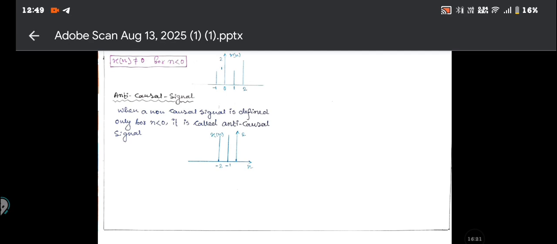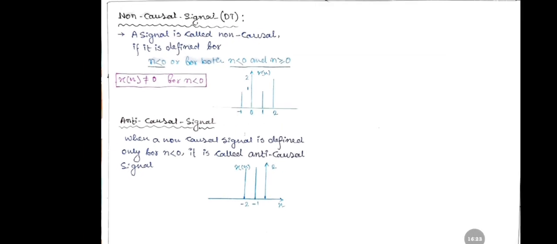Next, the non-causal signal for discrete time. A signal is called a non-causal signal if it is defined for n less than 0, or for both n less than 0 and n greater than or equal to 0.